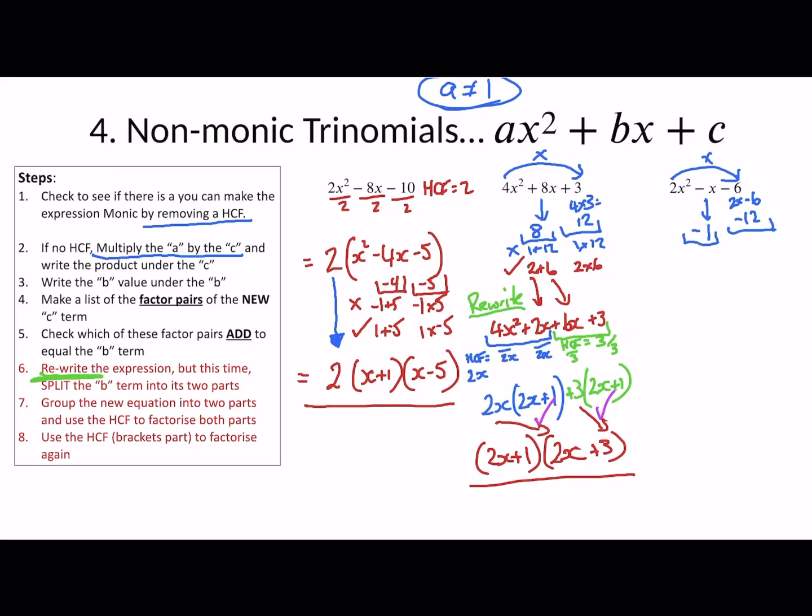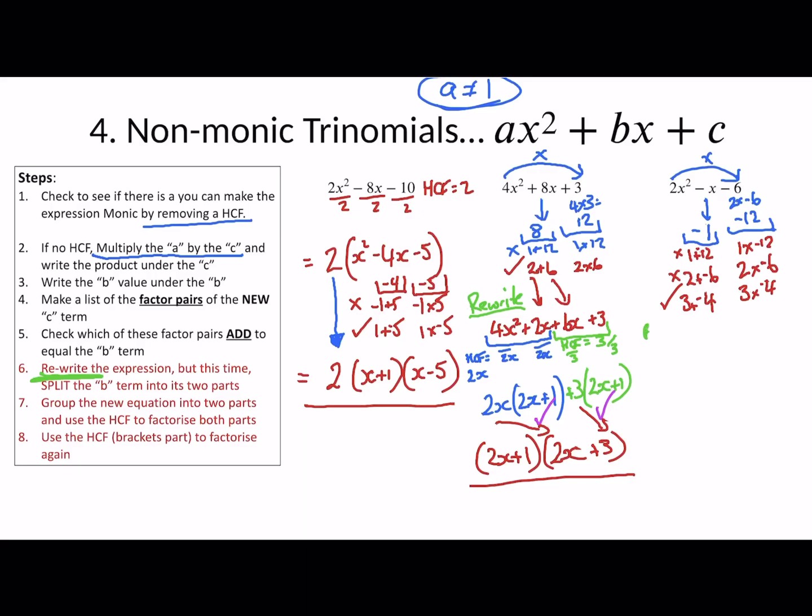All right, 1 times negative 12 over here. 1 plus negative 12, no, it doesn't equal negative 1. 2 times negative 6. 2 plus negative 6 is negative 4, still not negative 1. 3 times negative 4. 3 plus negative 4 is negative 1, so that is our correct pair.